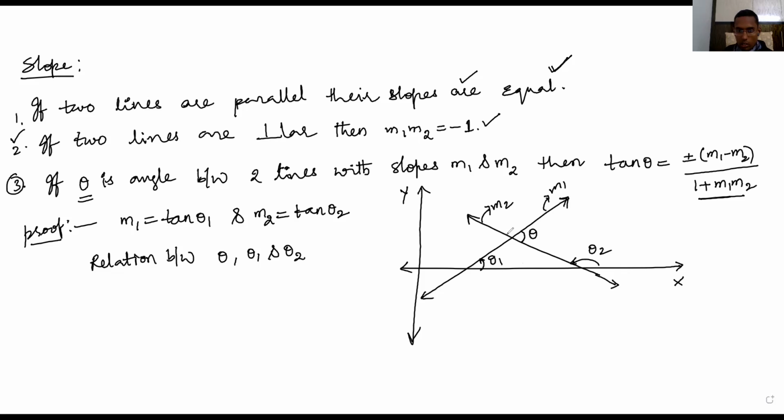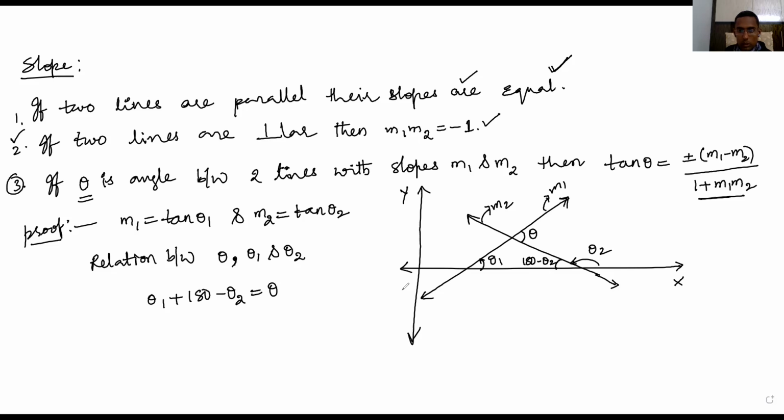This is the exterior angle, theta 2, so this is 180 minus theta 2. The sum of these two interior angles equals the opposite exterior angle. So theta 1 plus 180 minus theta 2 equals theta.